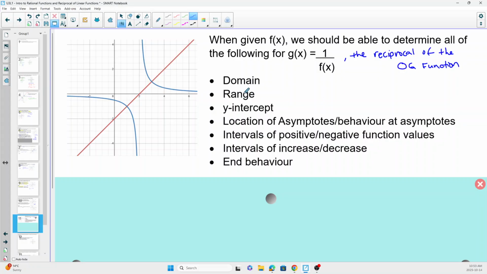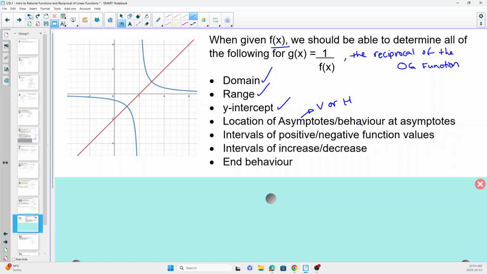So when we are given any function, we should be able to determine the domain of the reciprocal of that function, the range of the reciprocal of that function, the y-intercept of the reciprocal of that function, the location of any asymptotes, vertical or horizontal, and the behavior at those asymptotes.